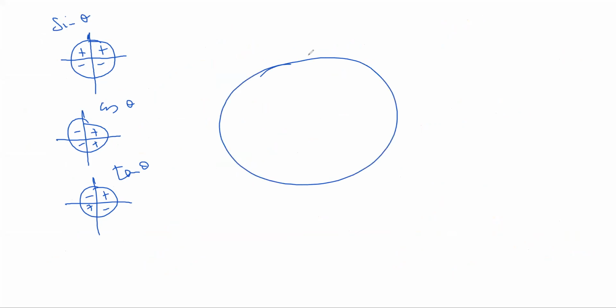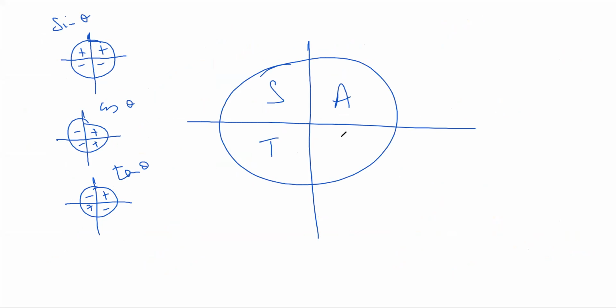If you combine all of them, you have this: add sugar to coffee. That means all of them are positive in the first quadrant, so we write A over here. It is only the sine which is positive in the second quadrant, so we write S over here. It is only the tan which is positive in the third quadrant, so this is T for the tan. It is only the cos which is positive in the fourth quadrant, so this is C for the cos.